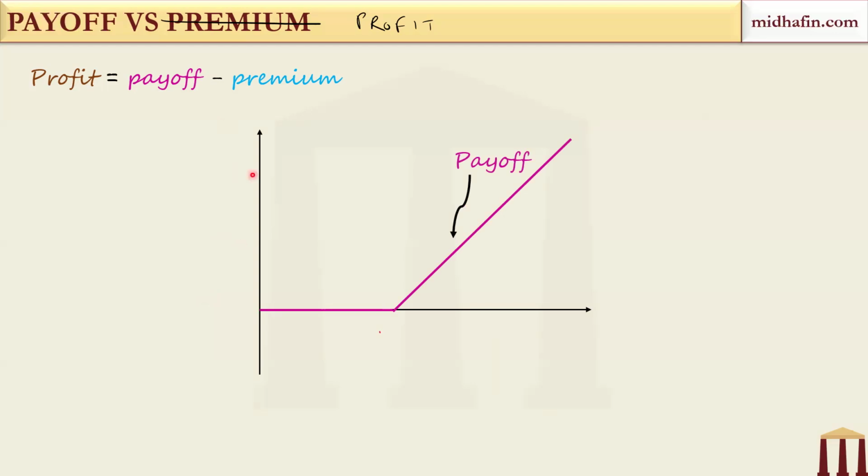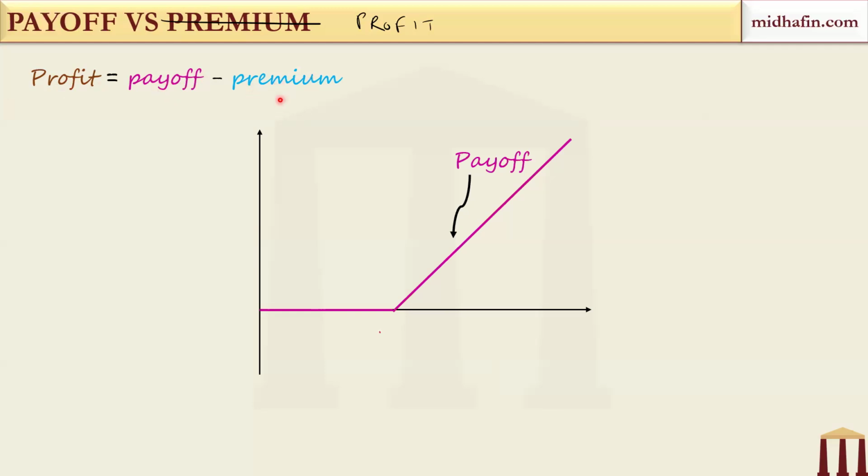Since profit is payoff minus premium, obviously the structure of the profit will not overlap completely with the payoff. There will be some difference. You can see it is less than the payoff. Profit is less than the payoff by this much amount.